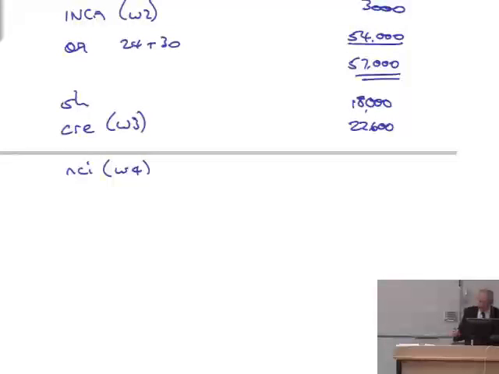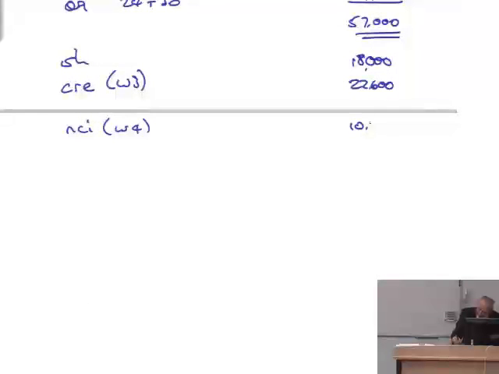And the NCI is in working 4, and the figure we arrived at was 10.4. So shareholders' funds, 51,000. Current liabilities, 2 and 4. So the assets and liabilities are what the group controls. Equity section is who actually owns them, and that includes the NCI.